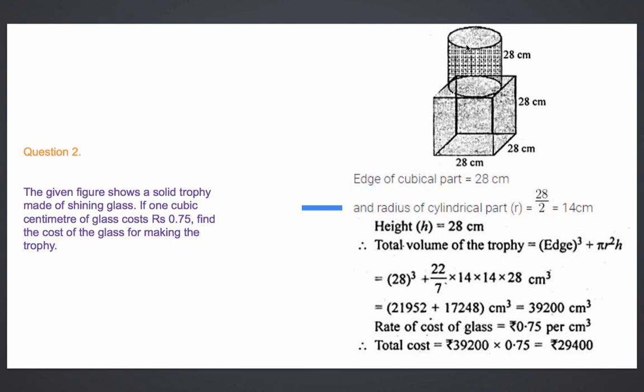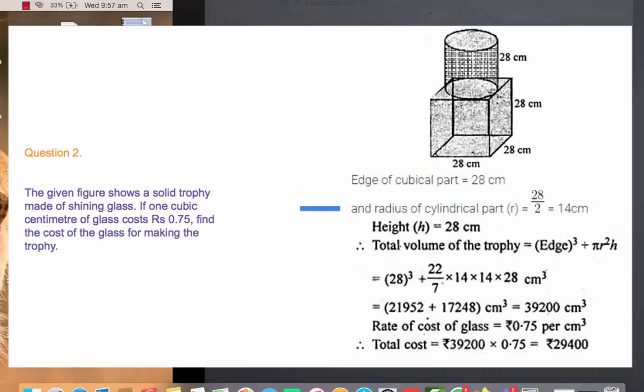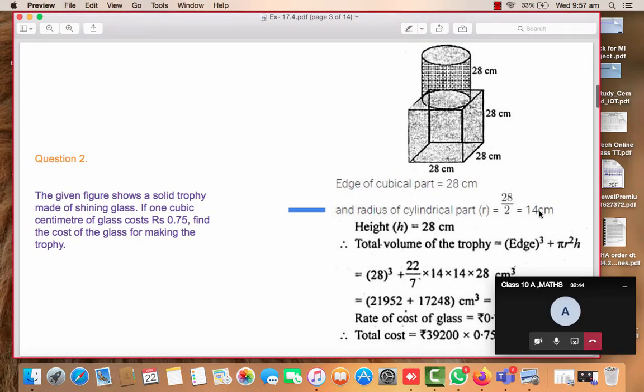So can you tell me what will be the diameter of this cylinder? It will be 28 centimeters, the same as the side of the cube. So the diameter is 28, and the radius will be half of that, which is 14 centimeter. This is clear, right?